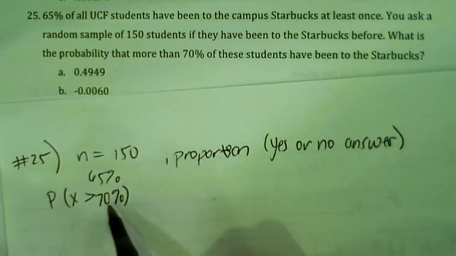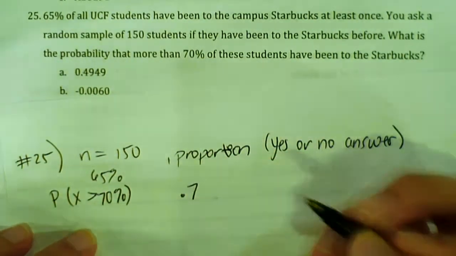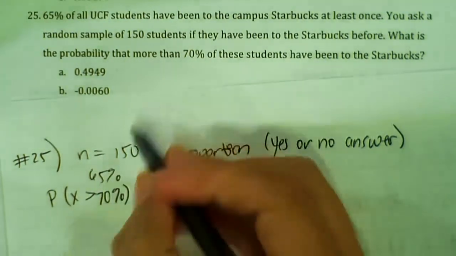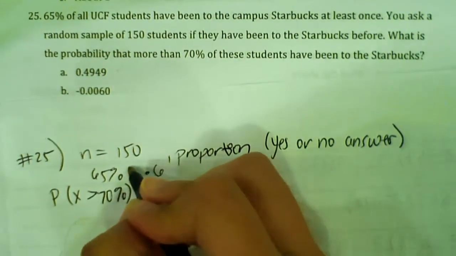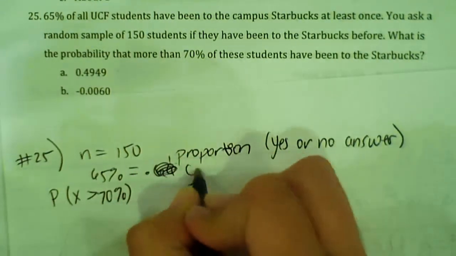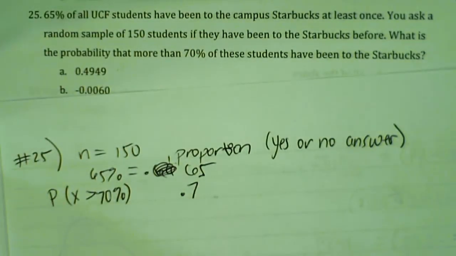If it's saying 70%, 70% is the same as 0.7, right? And it's saying here 65. So the z-score of what? Are we doing the z-score of 0.65 or 0.7? 0.7? Yes? Okay.